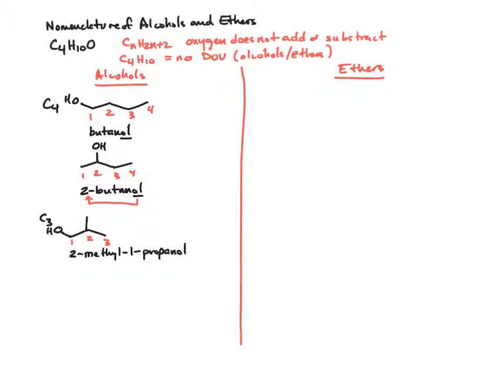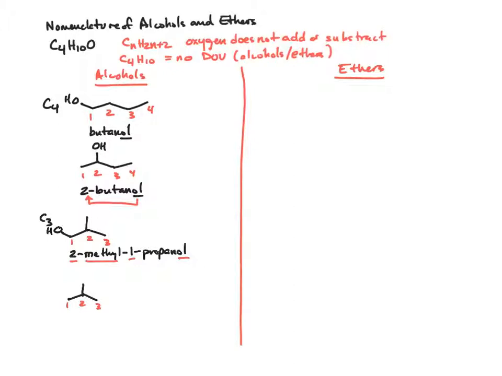propanol. So again, how does this work? The position 2 is telling you where this methyl group is bonded. The position 1 is then telling you where the hydroxyl group is bonded. And the propane is telling you it's the longest carbon chain. We can draw one more isomer of C3. So we have 1, 2, 3.